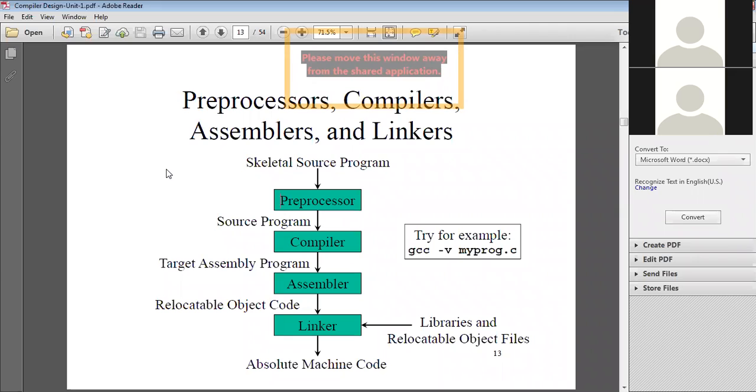What are the preprocessors? Whenever you write a program, again I am considering the case of C programming. You use some sort of programming language, that is also called the grammar of the C programming. You always start to write the program with hash include stdio.h, hash include conio.h, like that.